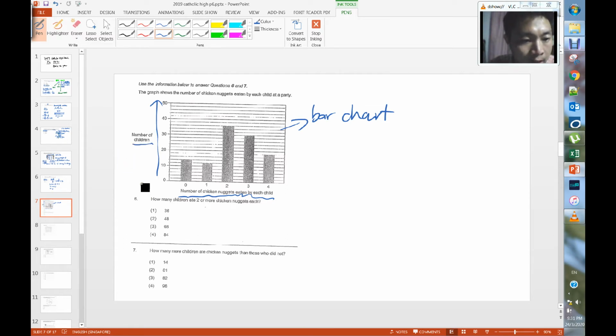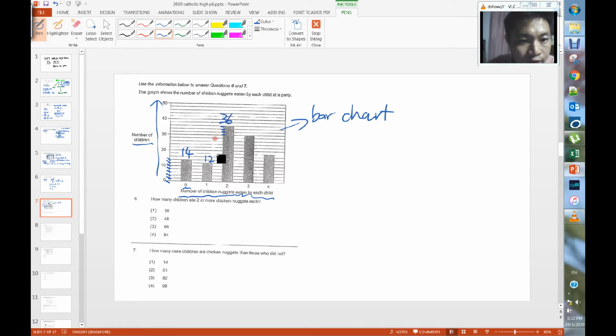If you look carefully, you should see that the gap here is from 0 and then 2, 4, 6, 8, 10, and then 12, 14. So you have 14 children who ate 0 nuggets. And over here you should see that 12 children ate 1 chicken nugget, and over here you have 30 here, and then 32, 34, and 36.